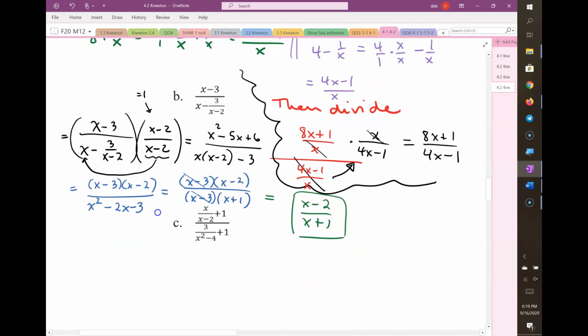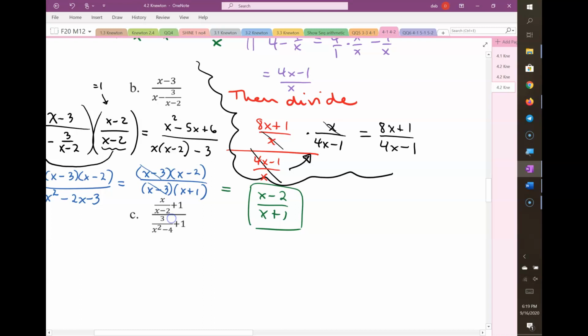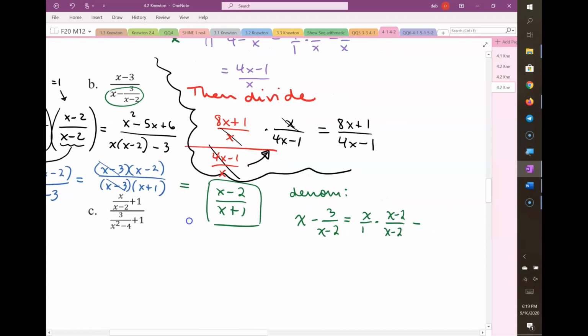So the other way of doing it would be to simplify the denominator. Okay, let me just work on the denominator first. I have x minus 3 over x minus 2. And you get that over a common denominator. So that's going to be x squared minus 2x minus 3 over this common denominator.